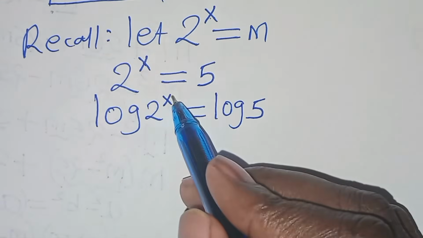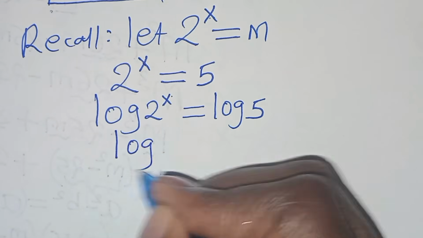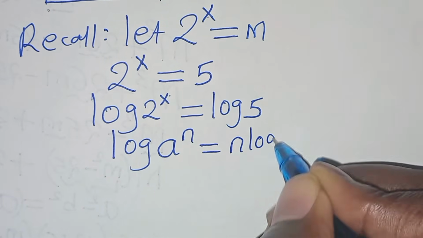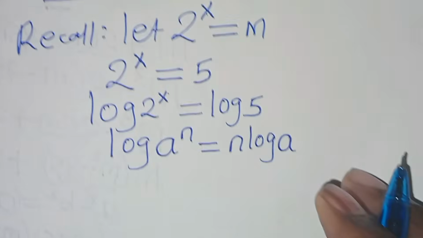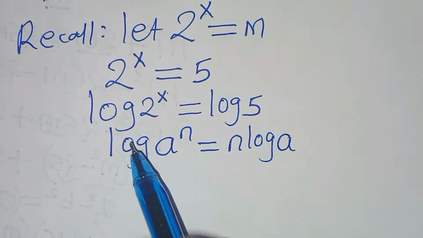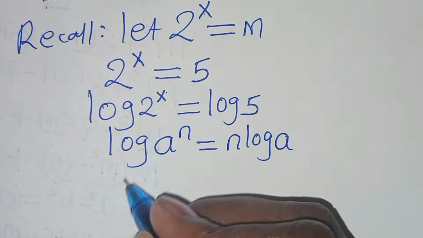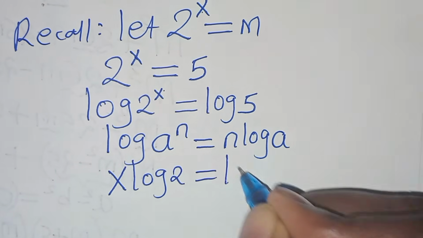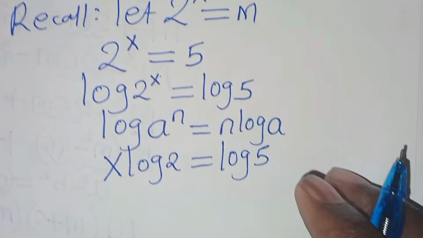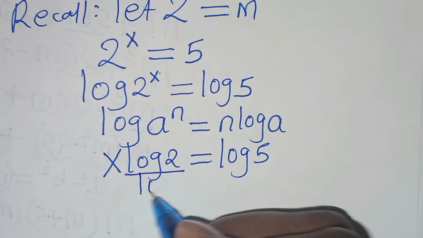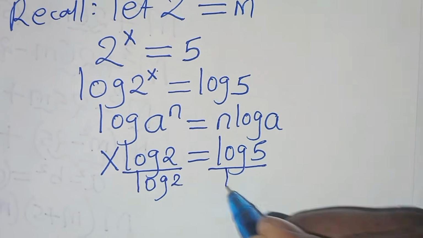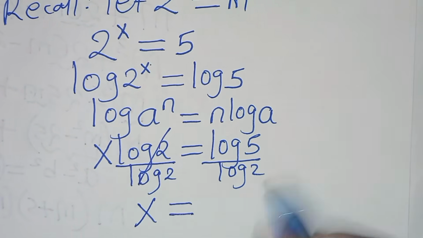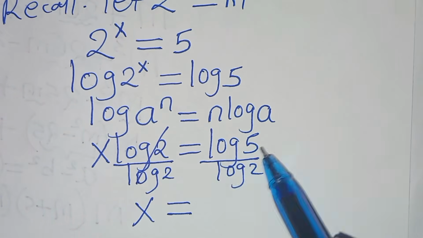Log 2 to the power x is in the form of log a to the power n, which we can express as n log a. Applying this power rule property of logarithm, we can express log 2 to the power x as x log 2. This is equal to log 5. Let's divide both sides by log 2, so that now x will be equal to log 5 over log 2.